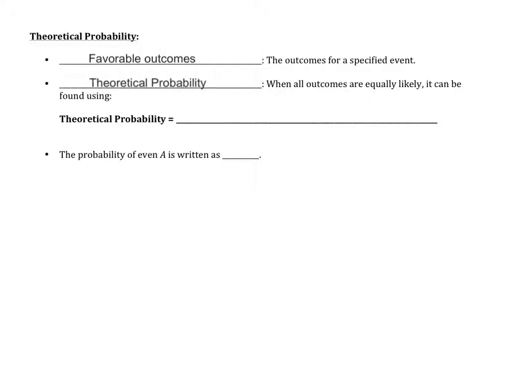And as for theoretical probability, when all outcomes are equally likely, it can be found by using the formula where you take the number of favorable outcomes over the total number of outcomes. The probability of event A is written as P of A, but read as the probability of event A. We've seen that before, again, when we did the geometric probability.